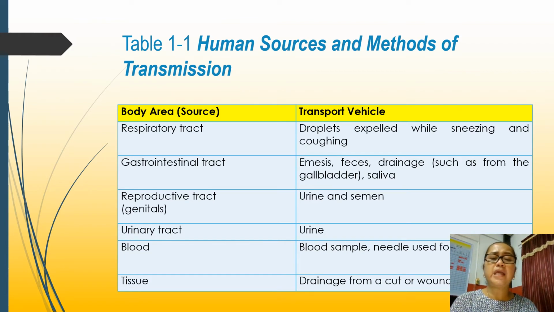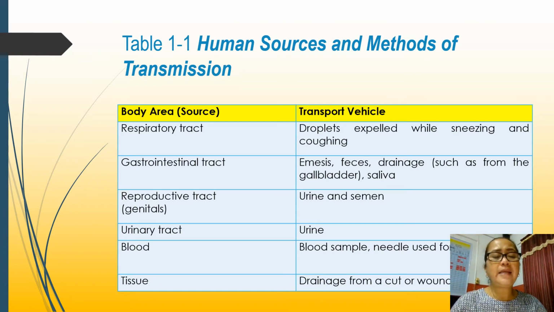And then the drainage, for example, if the patient has secretions, such as after operations. Those are liquids or fluids coming out from a part of the body, such as your gallbladder, and they are considered infectious. Plus also your saliva. Reproductive tract, you have your genitals, your urine and your semen.